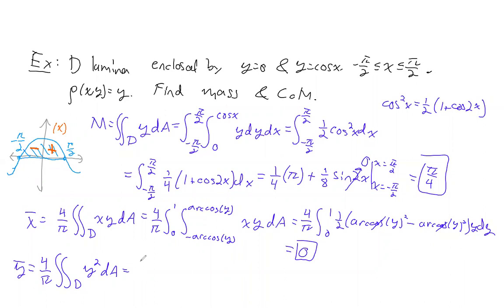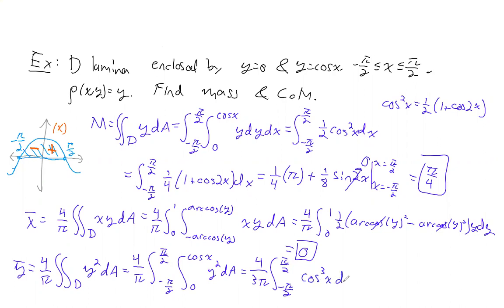Unfortunately, we have to do this one directly as well, but it's not that bad. 4 over pi, integral from negative pi over 2 to pi over 2, integral from 0 to cosine x, 1/3 y cubed, I jumped the gun a little bit, y squared dA, which becomes 4 over 3 pi, integral from negative pi over 2 to pi over 2 of cosine cubed x dx.